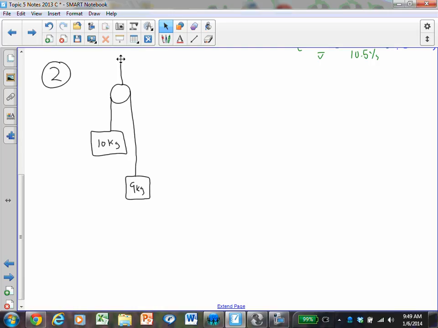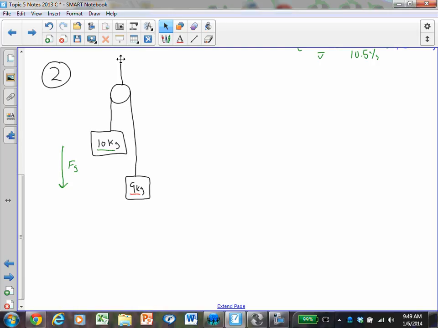So the first thing to do is to draw some free body diagrams for each of them. So with the 10 kilogram, what forces do we have acting on it? We have an Fg down. And we also have what?